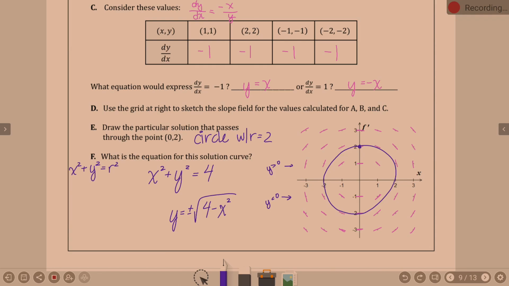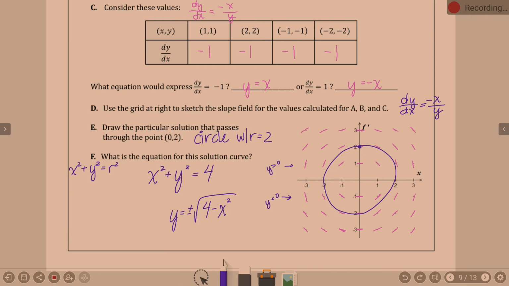Keep in mind the original differential equation, dy/dx equals negative x over y. It's a matter of what that y value does, because a positive y value versus a negative value affects how this fraction reacts.